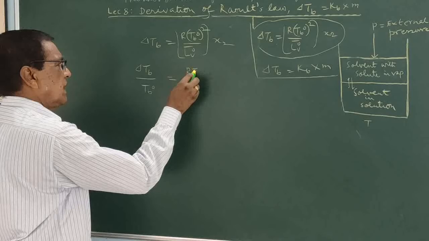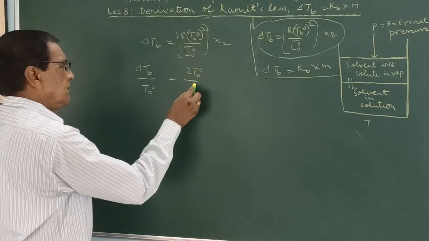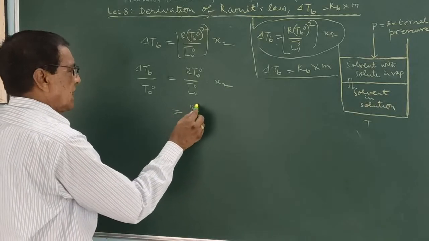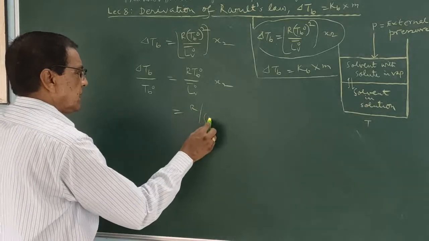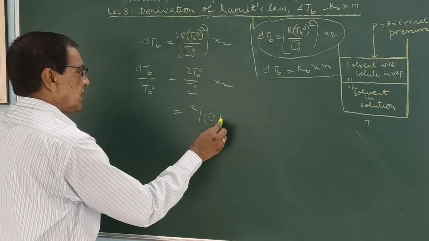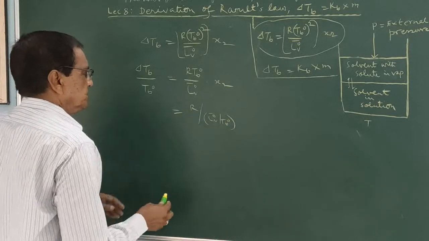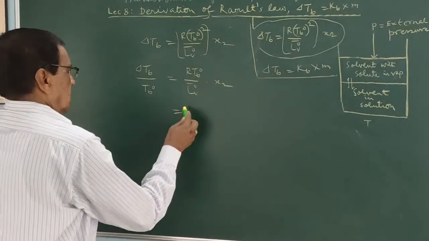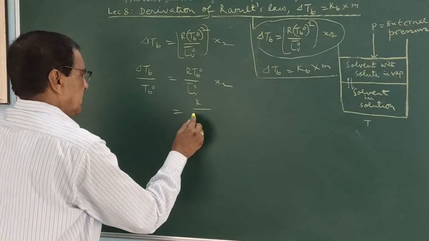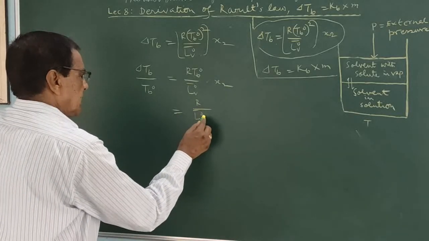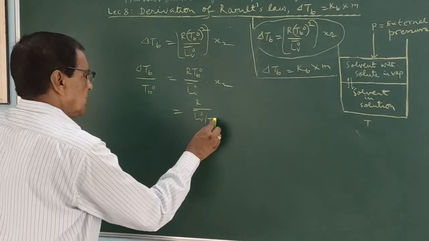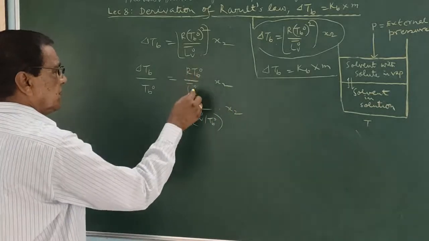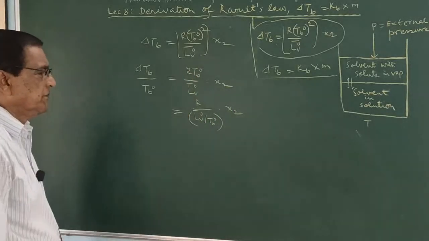Then here it will be R TV naught divided by LV naught bar into x2, or we can write R divided by (LV naught bar divided by TV naught) into x2. This TV naught is coming here.